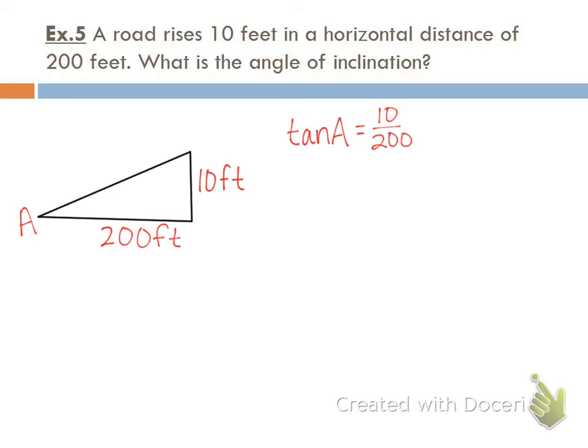Because I'm looking for an angle, I need to use inverse tangent. Let's round to the nearest tenth again. 2.9 degrees. So we got a really low incline.